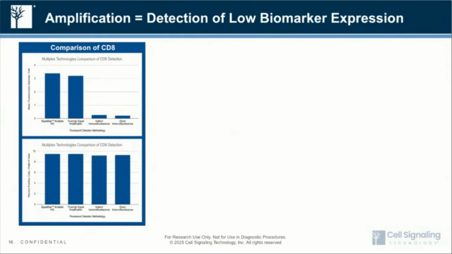However, on the bottom, when you look at the number of cells present within the tissue, you're seeing about the same percentage of cells present, which indicates that something like CD8, which is a very strong biomarker, does not require amplification in order to detect accurate levels of this epitope.